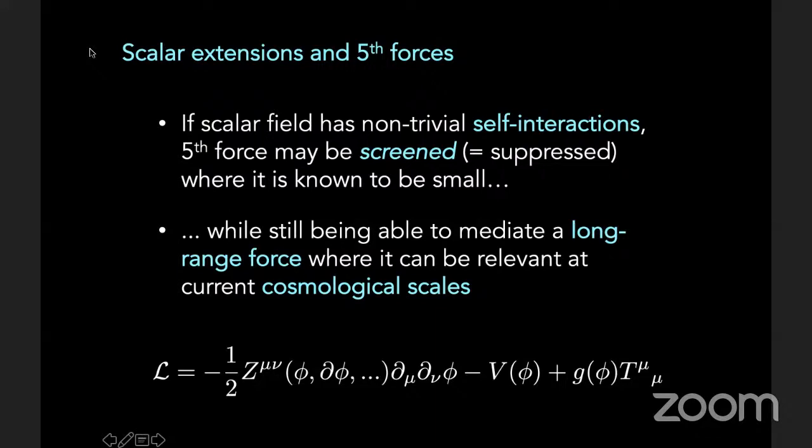This is useful because then you have an explanation as to why you don't see it in those environments where it has to be small in order to make sense with the observations and experiments we have, but you can still have it be useful for cosmology. Now, I can already sense some of the observers among us saying, this is a cheat by the theorists to evade my latest constraints. No, it's not just that.